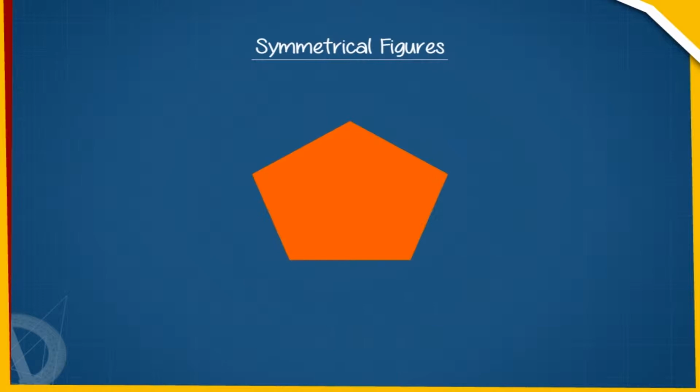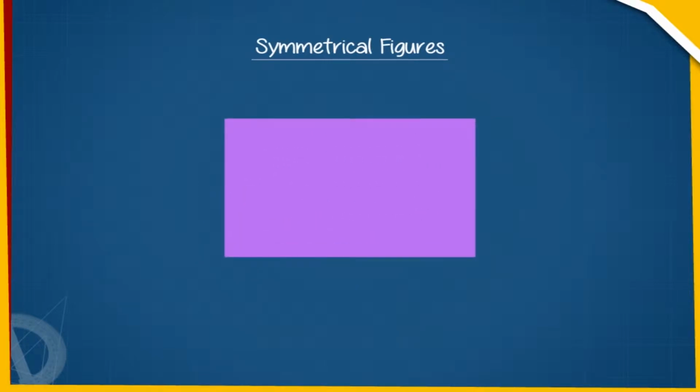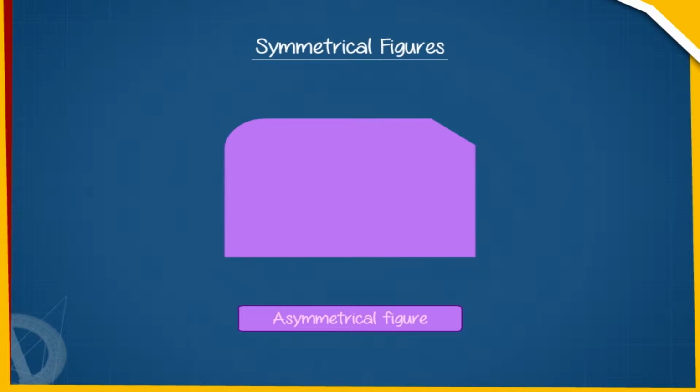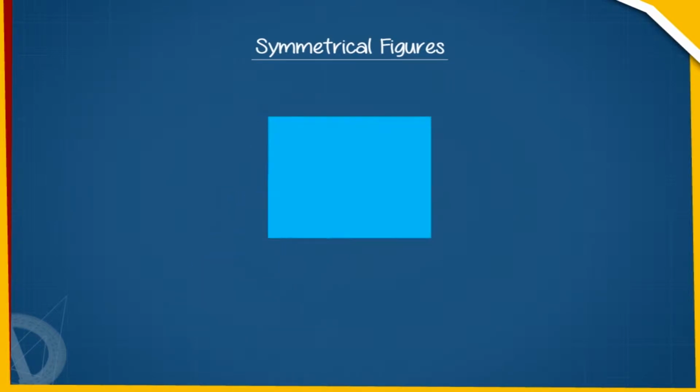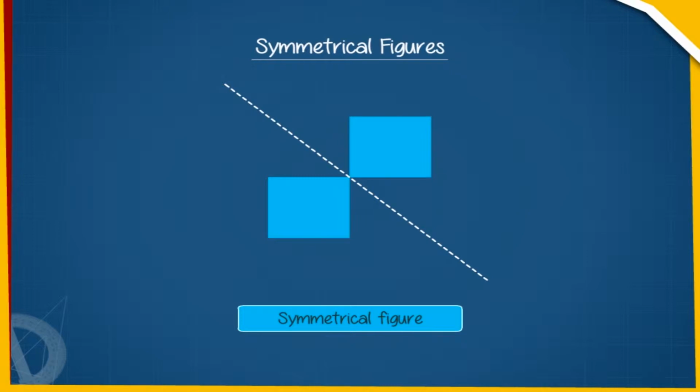The second figure can be divided symmetrically like this. The third figure is not symmetrical as we cannot divide it into two exact symmetrical halves. The last figure again is symmetrical because we can divide it into two exact symmetrical halves.